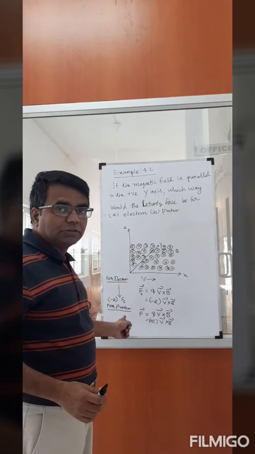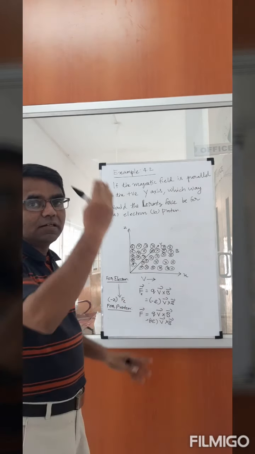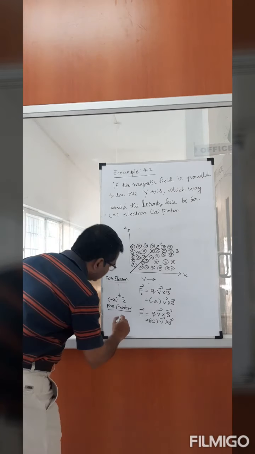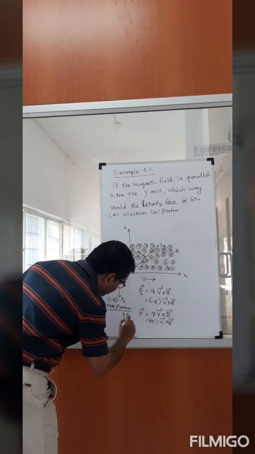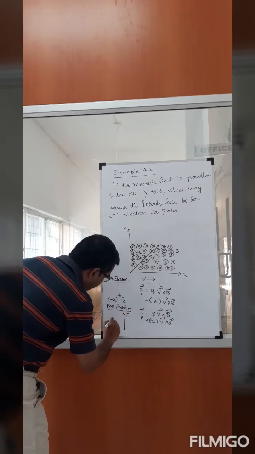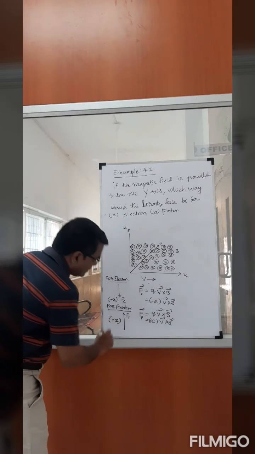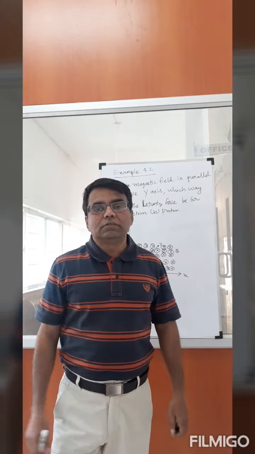So the Lorentz force acting on the proton would be upwards. Proton, so that would be in the positive Z direction. Hope this is clear to you.